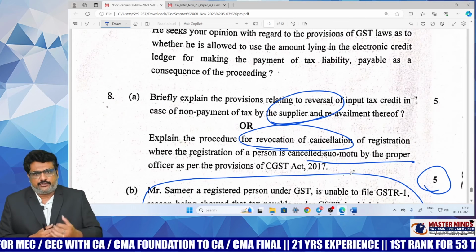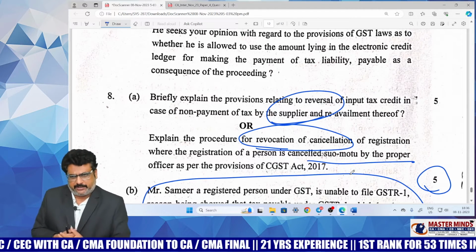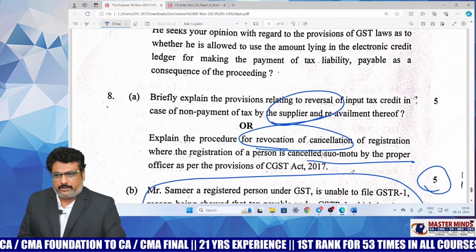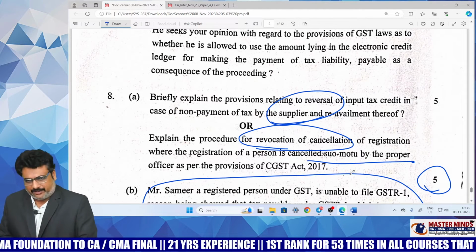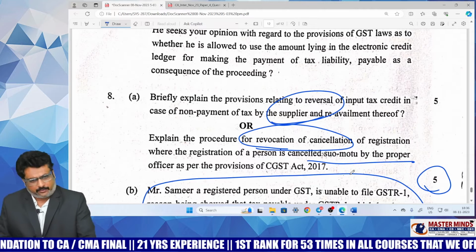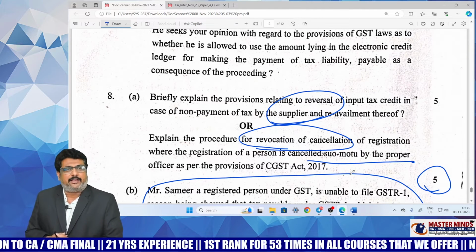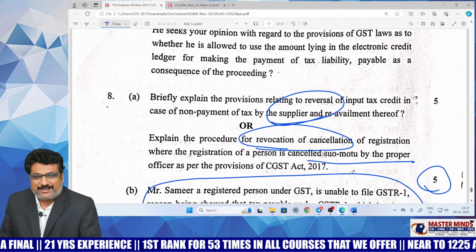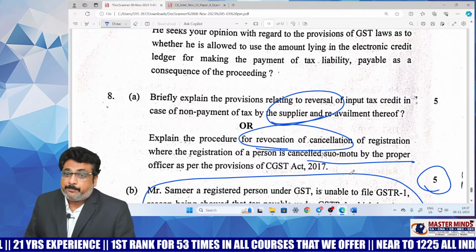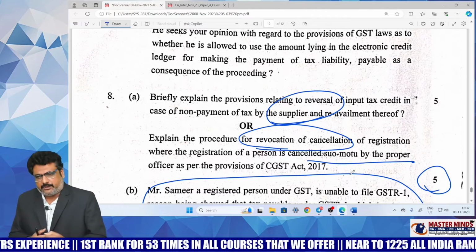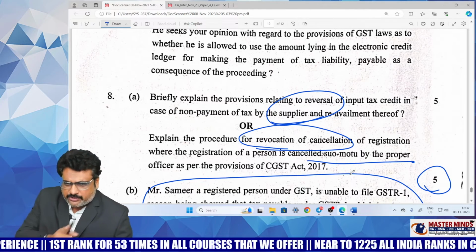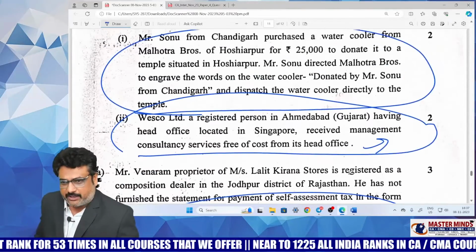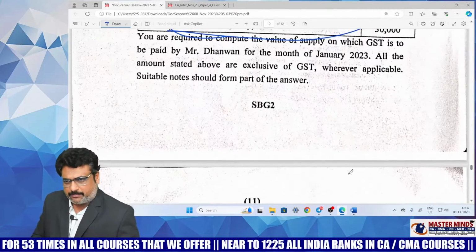If I was a student writing this particular attempt, I will leave the 7th question and go with the 8th one instead, because it is theory, very much straightforward, and I can have a peaceful sleep tonight. Because it was the last exam in Group 1, in order to sleep peacefully, I will always prefer theory 8A, which is a very direct theory question, instead of going for these tricky questions which were there in question number 7.